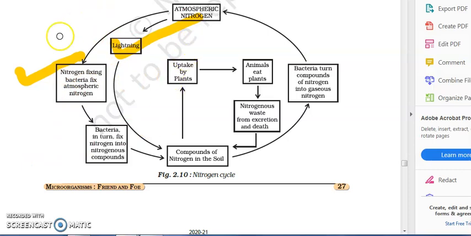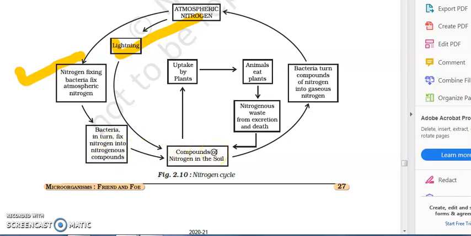Firstly, we will discuss how blue green algae fix nitrogen from the atmosphere. They take the nitrogen from the atmosphere. Who will take it? Blue green algae. Then certain bacteria fix nitrogen into nitrogenous compounds, and these nitrogenous compounds go into the soil.